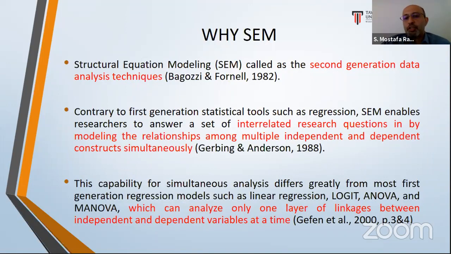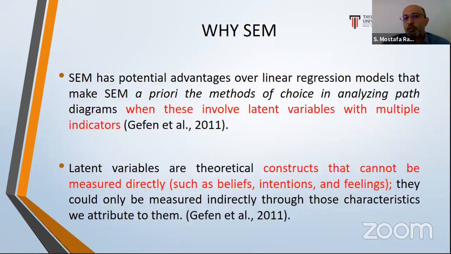SEM is a second generation analysis technique, different from the first generation, and in SEM we can work with latent variables and no need to work only with observed variables. In the first generation we work with observed variables, and if we have a latent variable, we need to transfer the latent variable to an observed variable.